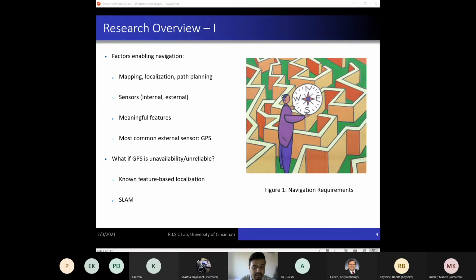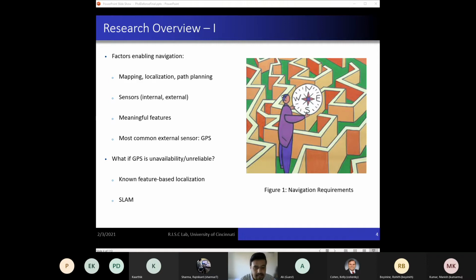The three key factors that should be considered for navigation are mapping, localization, and path planning. Optimal strategies to build the map of the environment and efficiently route a vehicle or a group of vehicles are essential for effective navigation. For a vehicle to localize itself within a region of interest, it needs to have sensors.